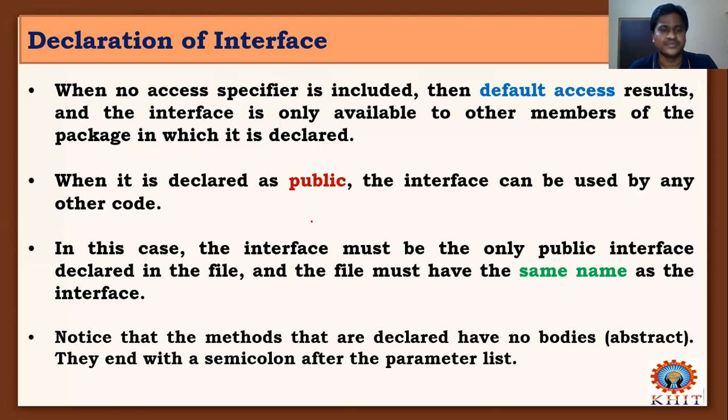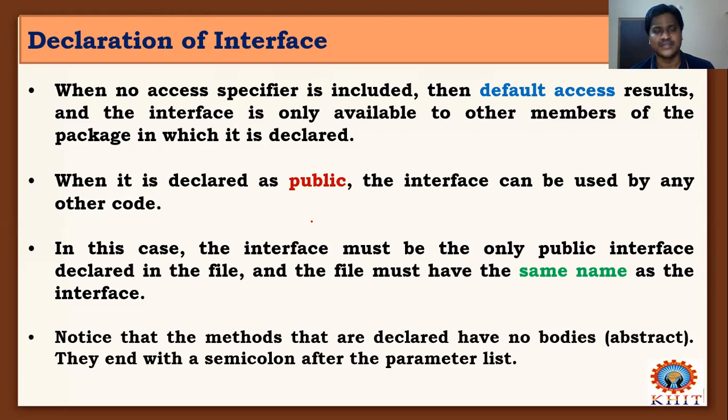Coming to the case when no access specifier is included for the declaration of an interface, that is considered the default access, and the interface is only available to other members of the package in which it is declared. In the next chapter of unit 4, we are going to study the chapter called packages.